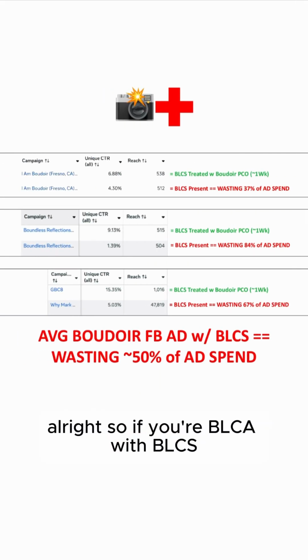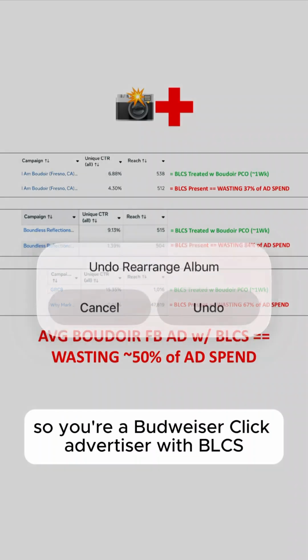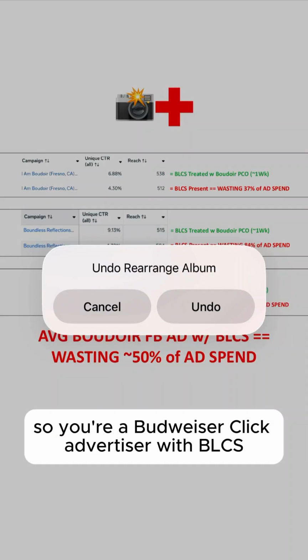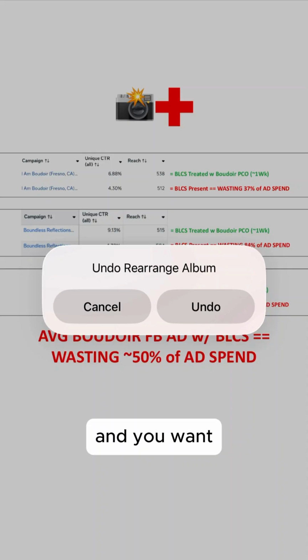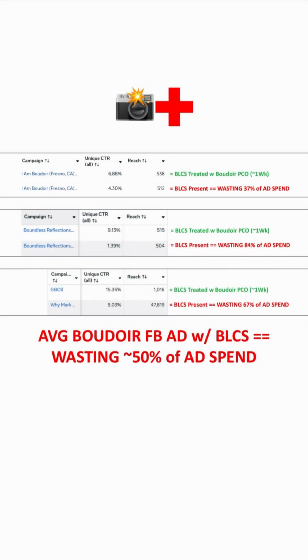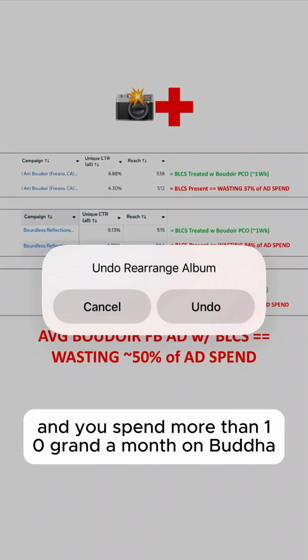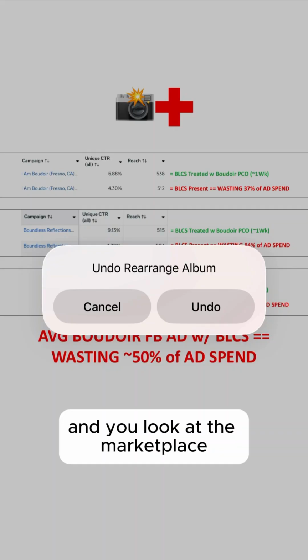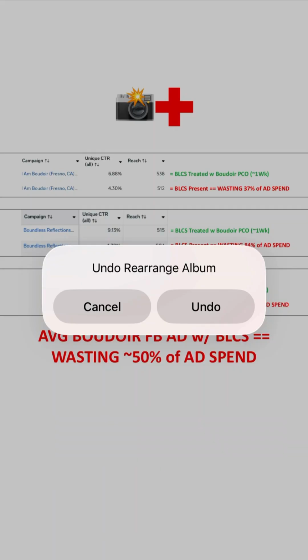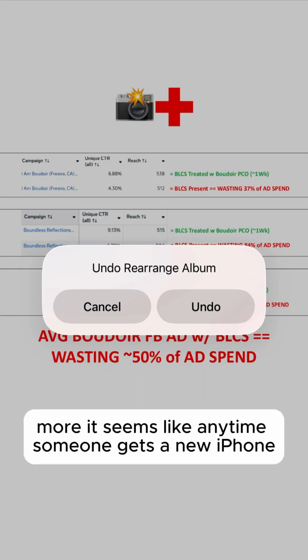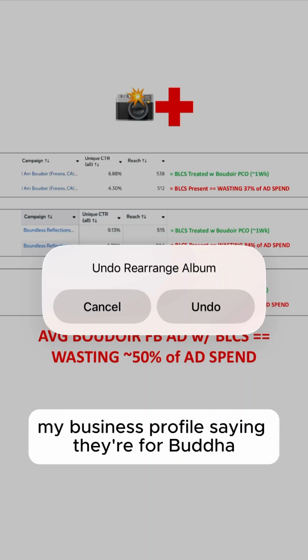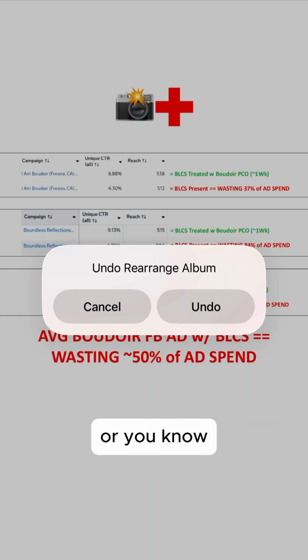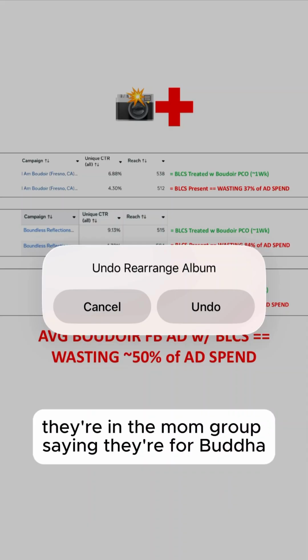All right, so if you're a BLCA with BLCS, so you're a Boudoir low click advertiser with BLCS, and you spend more than 10 grand a month on boudoir Facebook ads, and you're looking at the marketplace, seeing it get more saturated, it seems like anytime someone gets a new iPhone, they're setting up their Google My Business profile saying they offer boudoir, or anyone gets a new camera, they're in the mom group saying they offer boudoir.